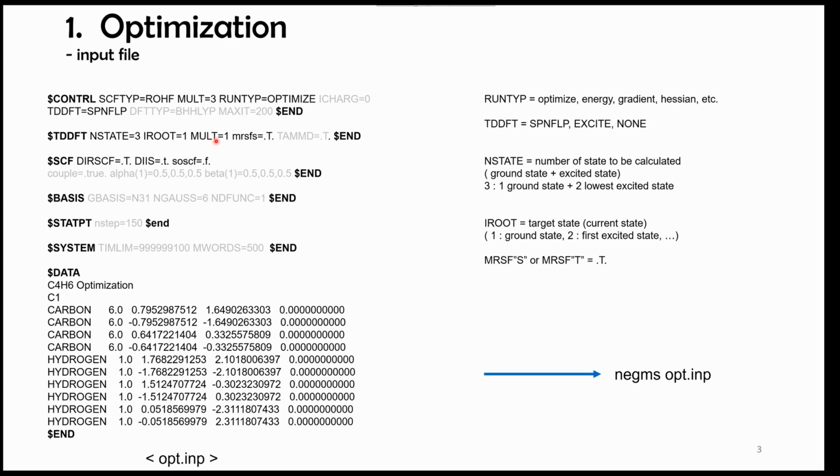So there's some confusion between M sub S and the multiplicity itself. Multiplicity-wise, in the case of triplet, it's 3. It has to be 3 if you want to calculate the triplet response states.